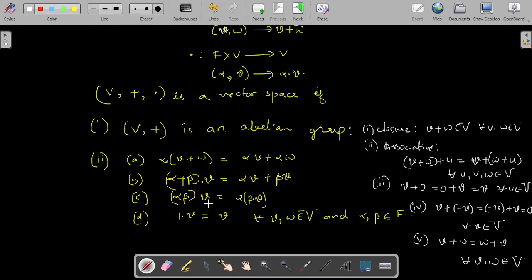Then associative property: (alpha beta) into v equals alpha into (beta v), and action of 1 into v equals v. You have to mention this for all v, w belongs to V and alpha, beta belongs to F. If it satisfies all these conditions, we call V a vector space over the given field F.